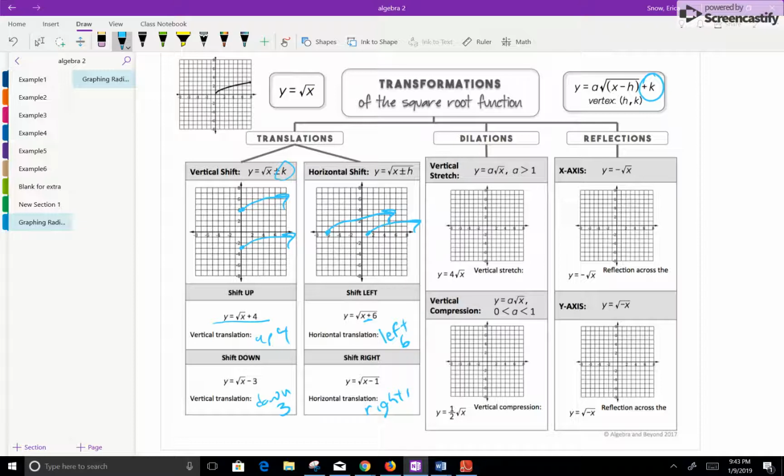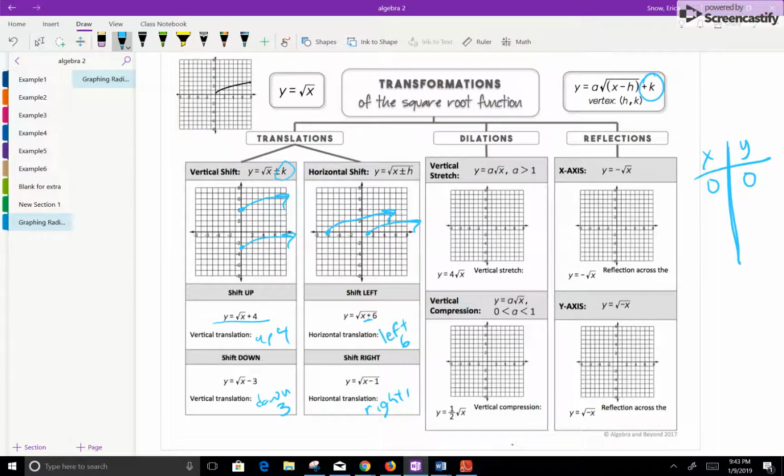Now, stretches do things a little bit weird. With a square root function, you want to remember that our parent function has these values.